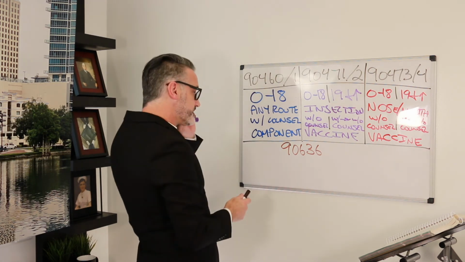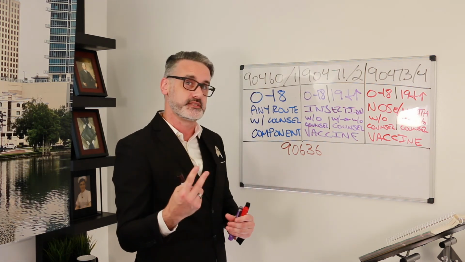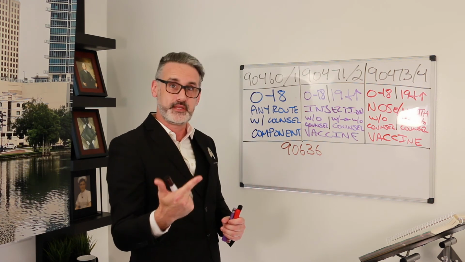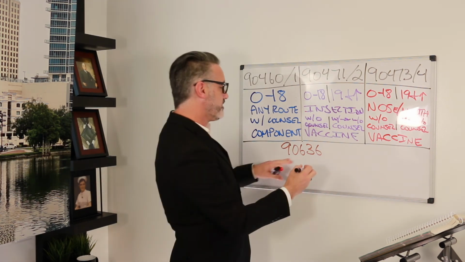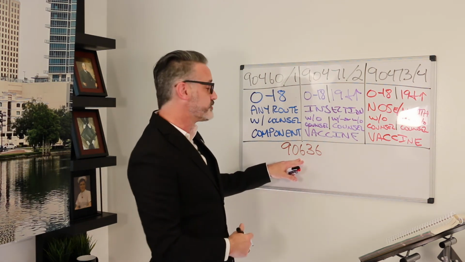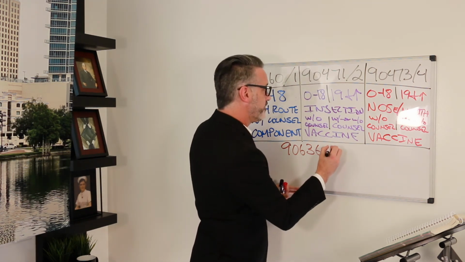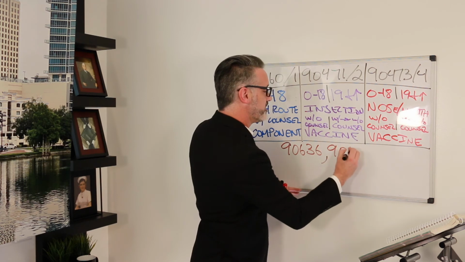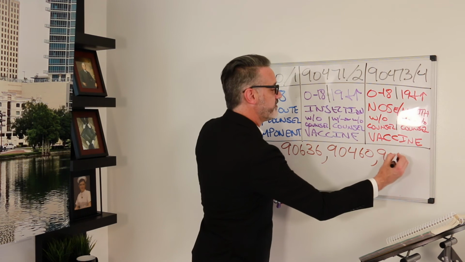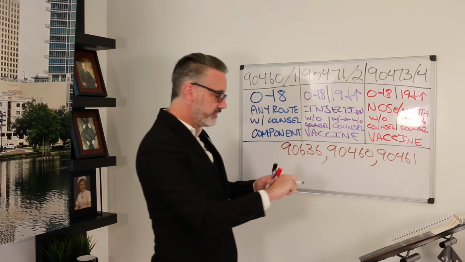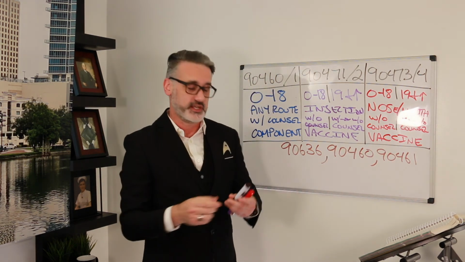So 90636 has two different components, one for Hep A and one for Hep B. So because it's two components, I would code the vaccine code 90636 and the appropriate administration codes 90460, comma 90461. So that is not a one-to-one ratio.